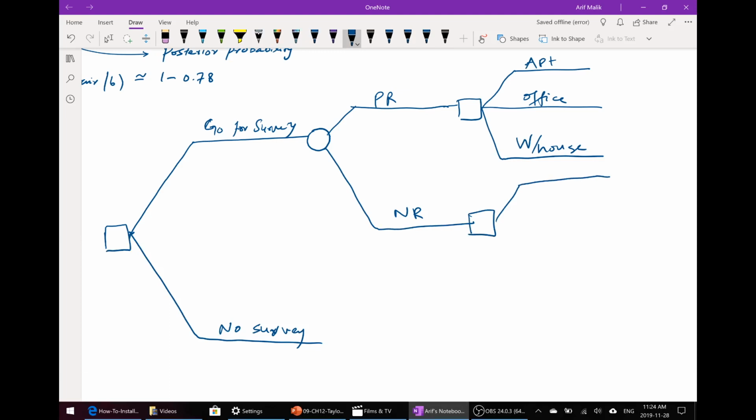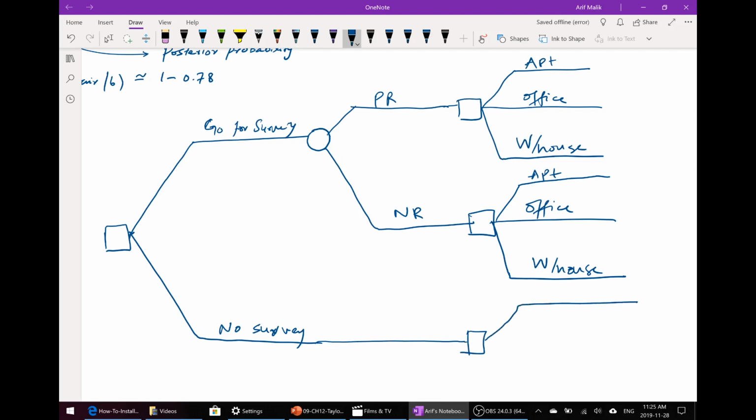Whether the report is negative or positive, we still have these three decisions we can make: apartment building, office, or warehouse. And then if we don't do a survey, we still have these three alternatives that we can invest in: apartment building, office, or warehouse.